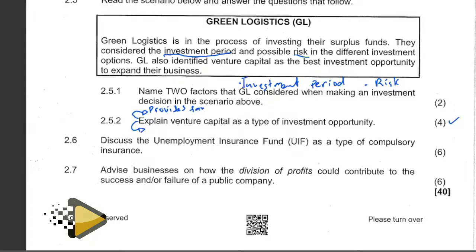Financing to startups and small companies or companies that investors believe have greater growth.